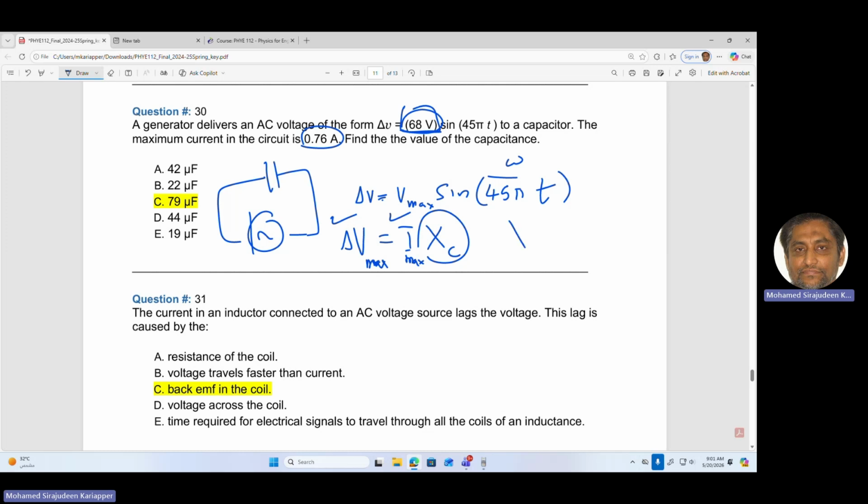So the reactance will be 68 divided by I max, which is 0.76. But that's not the answer yet, because the question is to find the value of the capacitance.